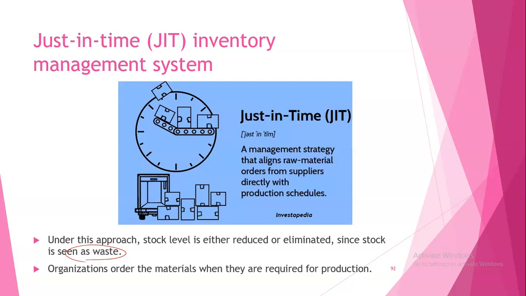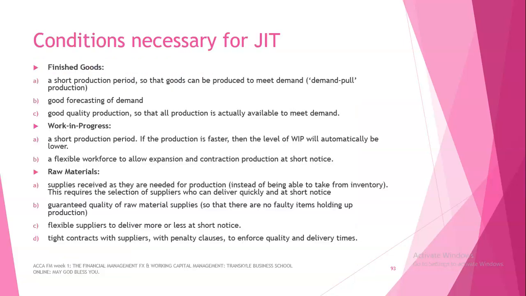In order to keep that stock intact or fresh is a cost to the business. We need to have a lot of energy for our freezers and so forth, electricity, all those things. So under the just-in-time inventory management system, organizations order the materials when they are required for production. Are we together, ladies and gentlemen?